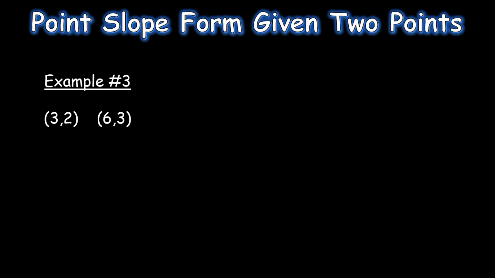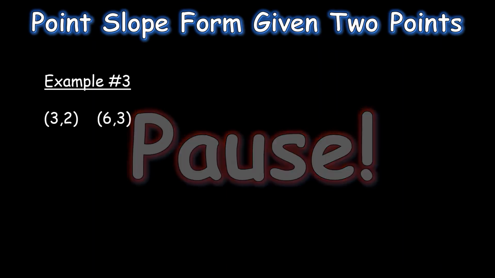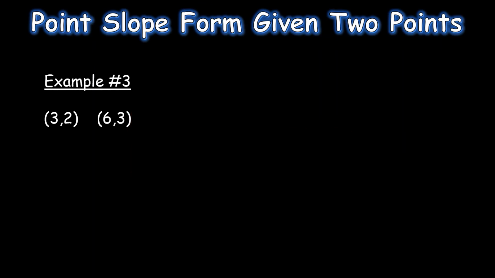For our last example, we have points (3, 2) and (6, 3). You can go ahead and pause this video to see if you can figure this out on your own first before we go ahead and solve it. Okay, again, we'll be using this equation for our point-slope form. We start off by figuring out our slope first, which is our m. So m equals this equation.